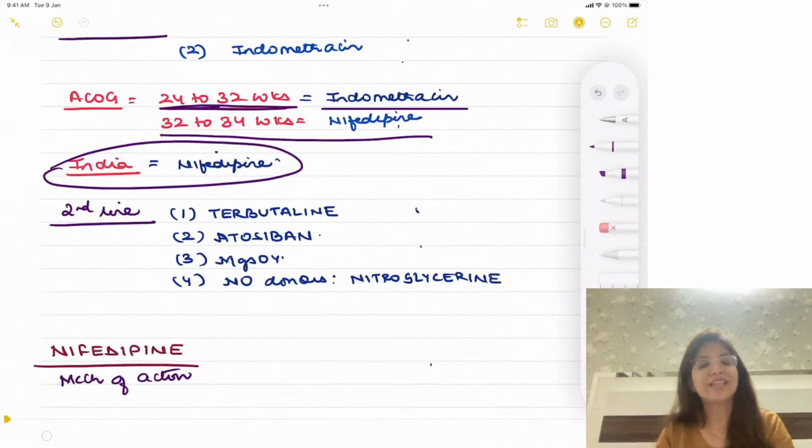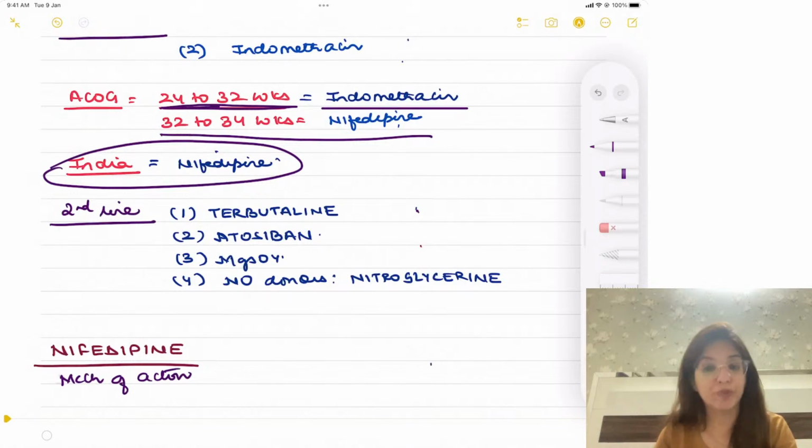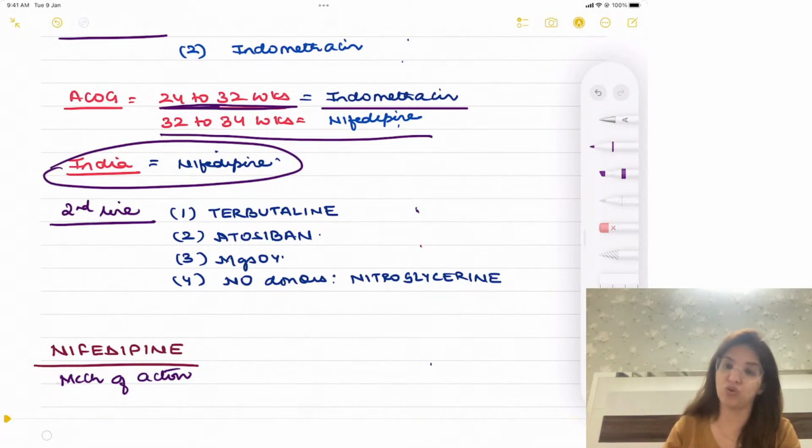Now, the second line tocolytics are terbutaline, which is a beta agonist, then atosiban, which is an oxytocin and vasopressin receptor antagonist. Then you have magnesium sulfate and nitric oxide donors like nitroglycerin. These are your second line tocolytics.